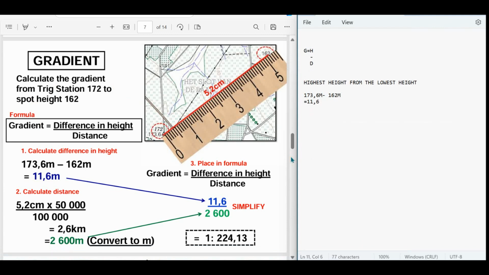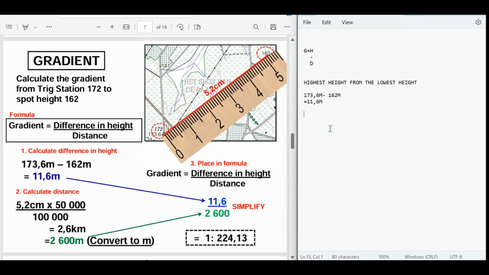I'm just writing so that you can follow, not just look at the screen. Now we have the height, which is 11.6 meters, which we got from subtracting the 162 meters of the spot height from the 173.6 meters.